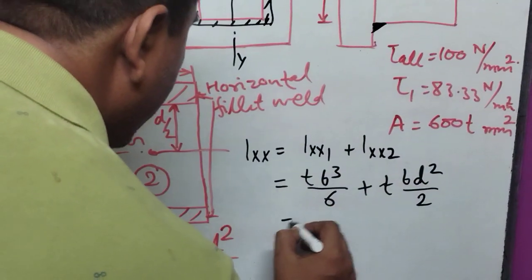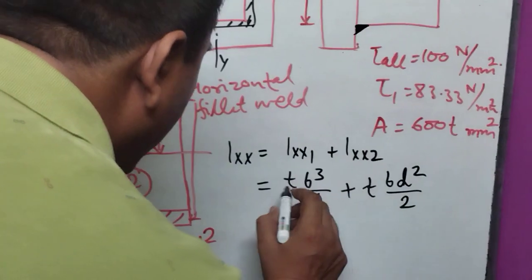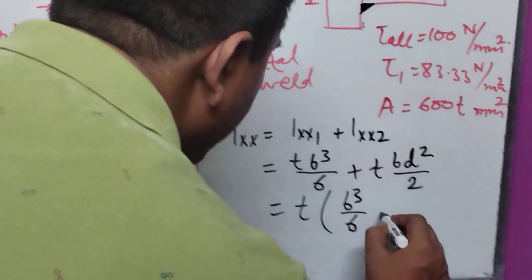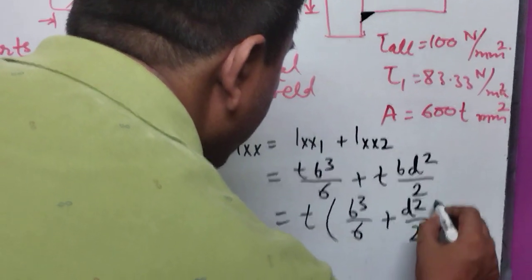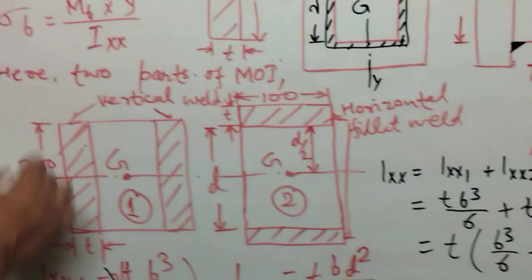Taking T common, the summation of Ixx equals T into (B cube divided by 6 plus B D square by 2), where B is 100 millimeter and D is 200 millimeter.